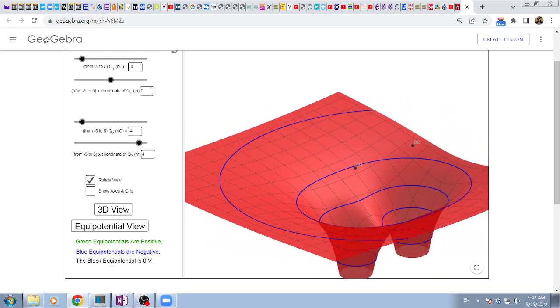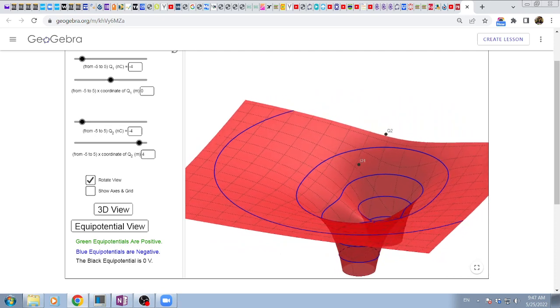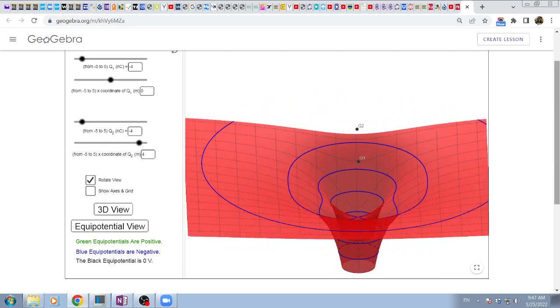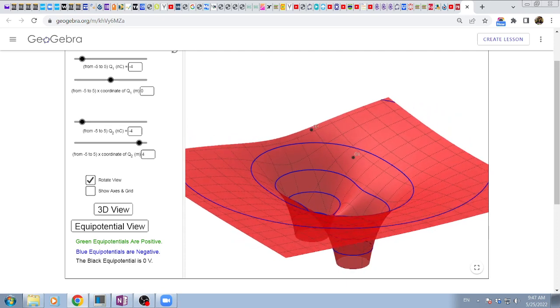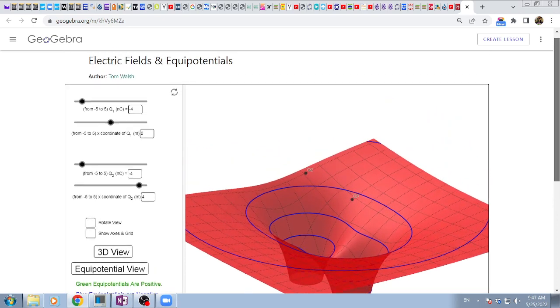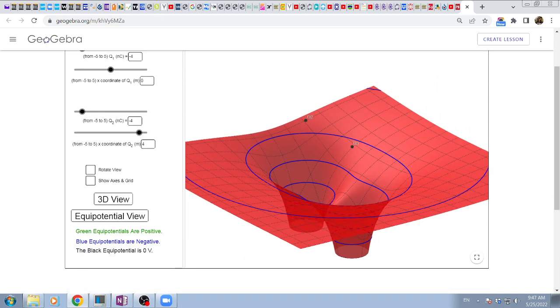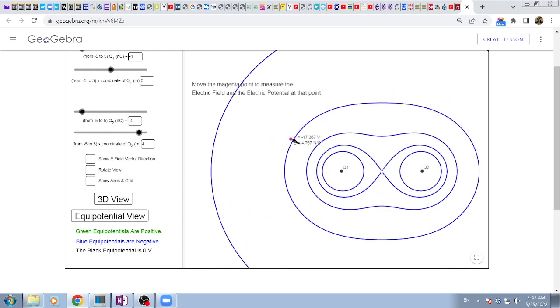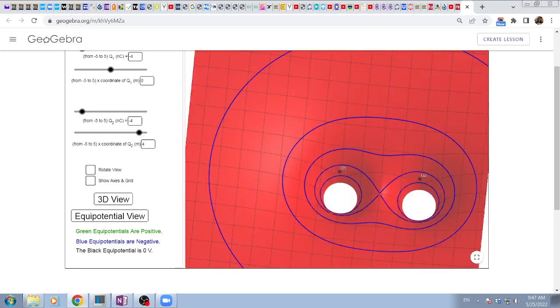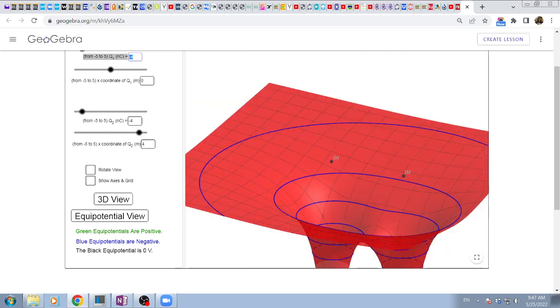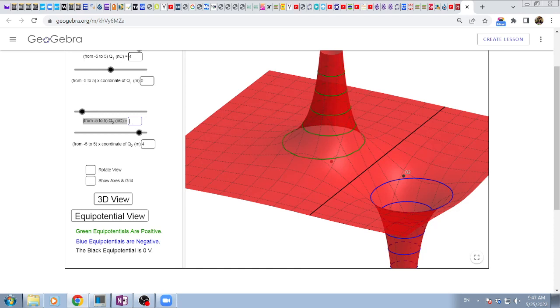Oh man, I love those guys who make these very nice simulations, yeah. Dalton Wash, very nice guy. Thank you so much. And here are the negative charges. Let's put 2 positive charges to see what's going to happen with the potential. 4 nanocoulomb. This is 4.